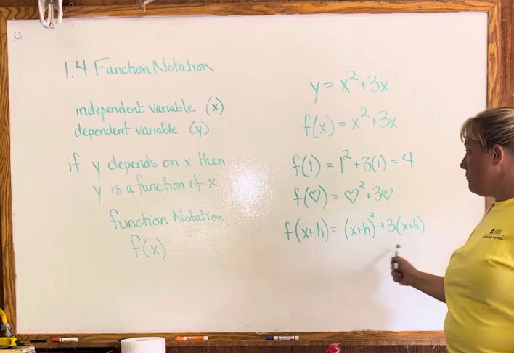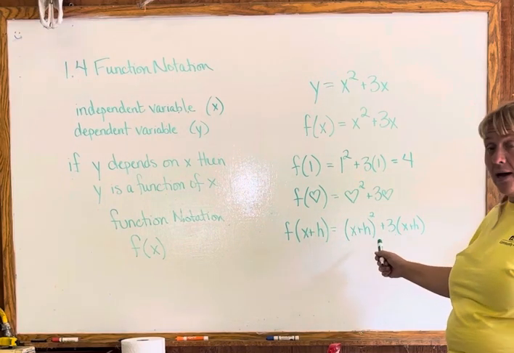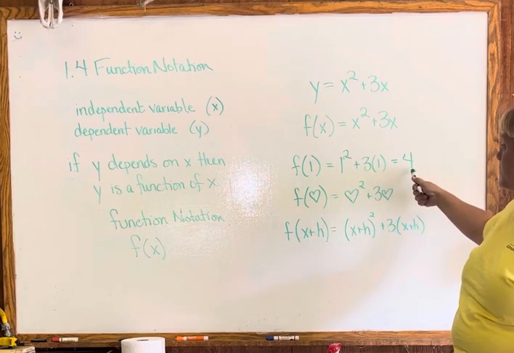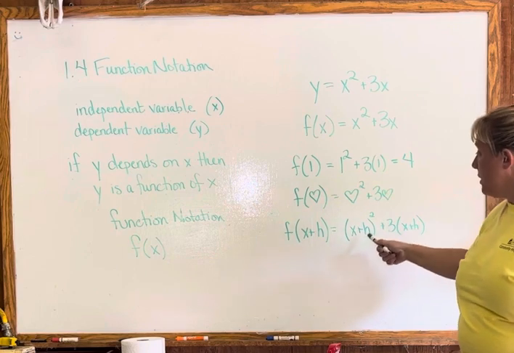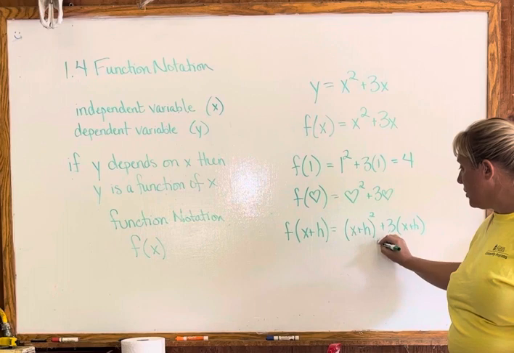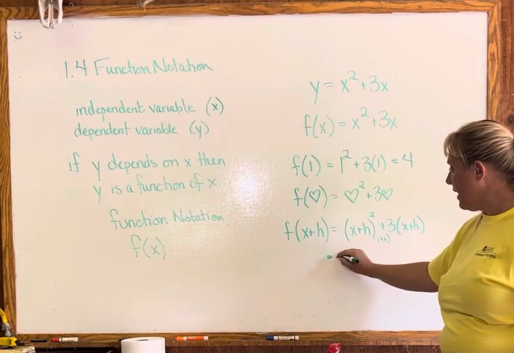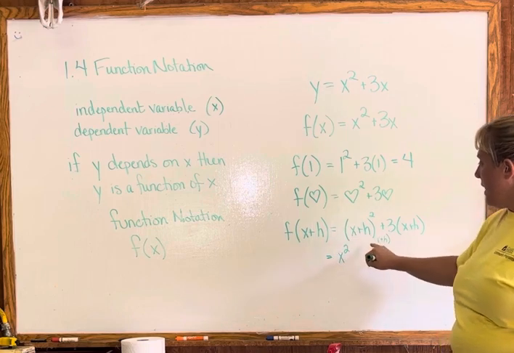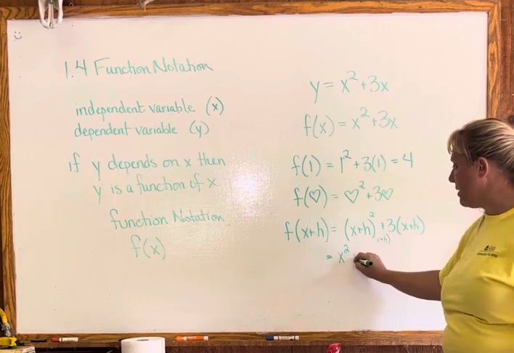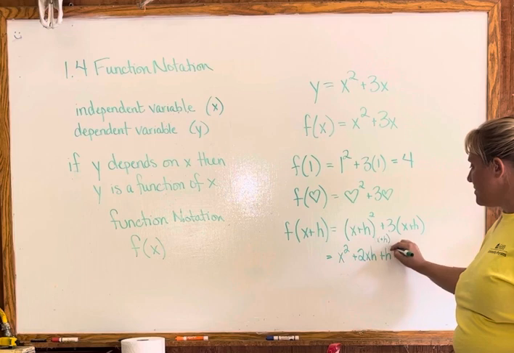Now, in most cases, we do want to do some simplifying or some multiplying out. Obviously with the hearts, there's not much we can do, but here we simplified and got 4. This one, we can actually multiply out if we think about foiling it out or putting another x plus h there. If we multiply out, we'll have x squared. And then for the inside terms, we'll have xh and xh, so plus 2xh plus h squared.